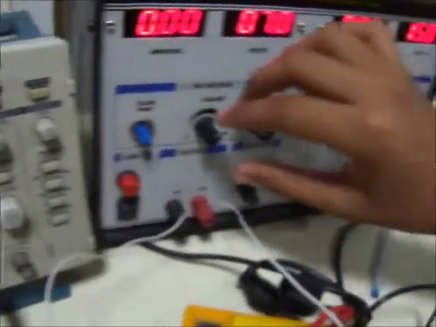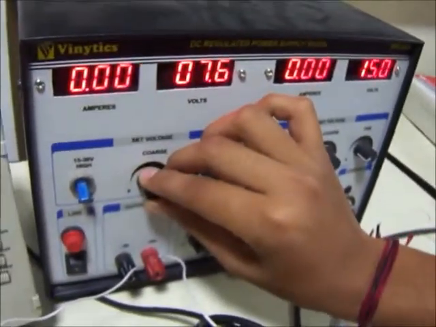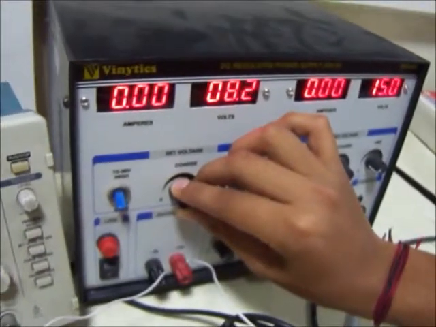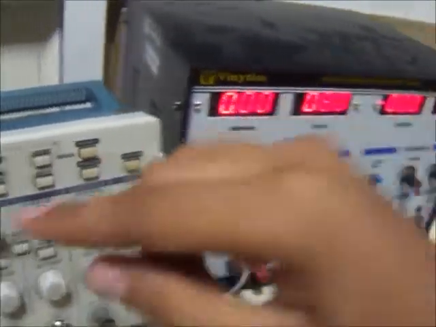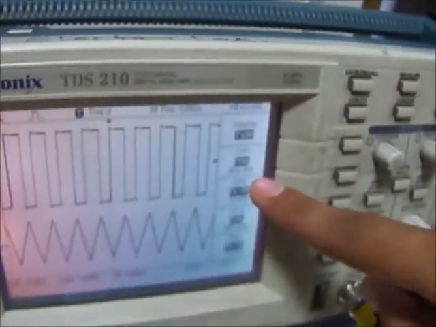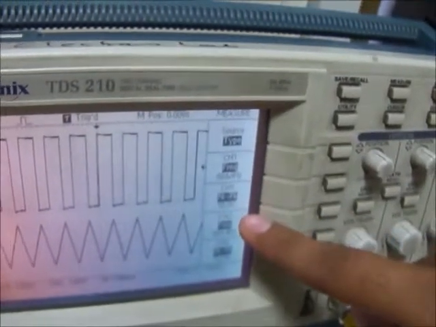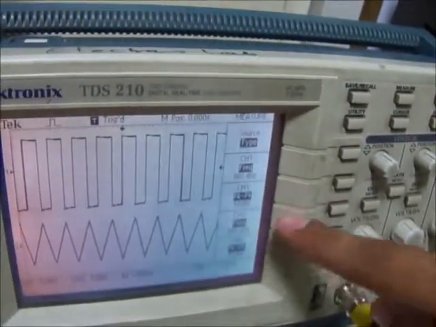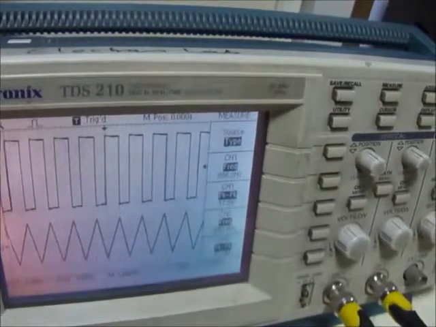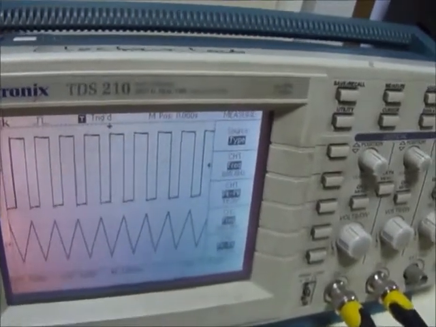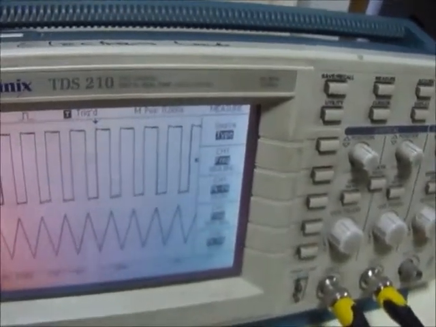However, increasing the control voltage any further would not result in any increase in the frequency of the generated waveforms. That is, the frequency is saturated after increasing the control voltage to a value of 7 volts. As can be seen, the frequency still remains 885 Hz.